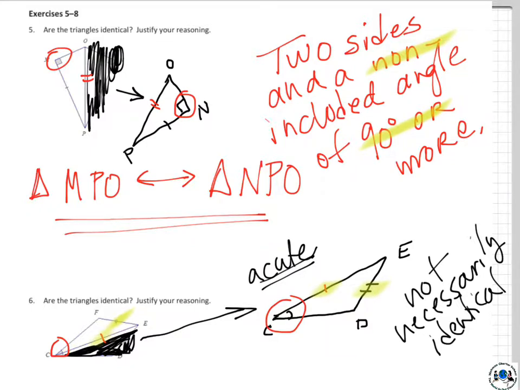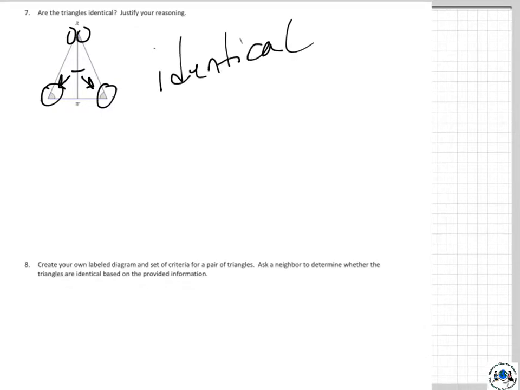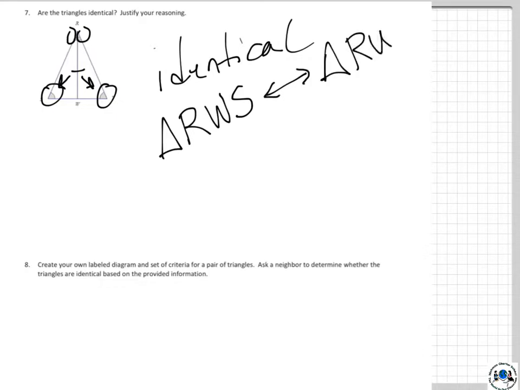Well, this last one was pretty darn easy, huh? It is indeed identical, because it fits the condition of a pair of two angles, and of course the given side right there, and that side happens to be opposite the given angle. So yes, it is identical, and triangle RWS corresponds to triangle RWT.